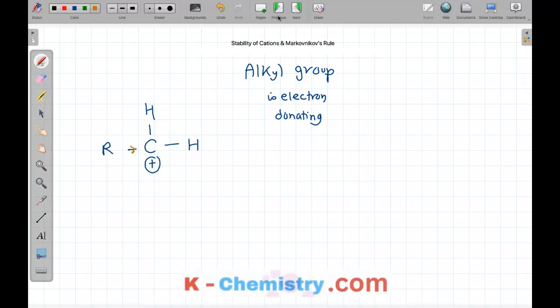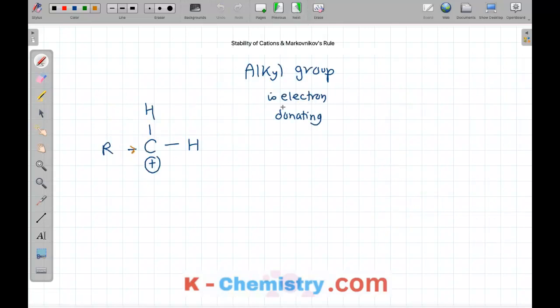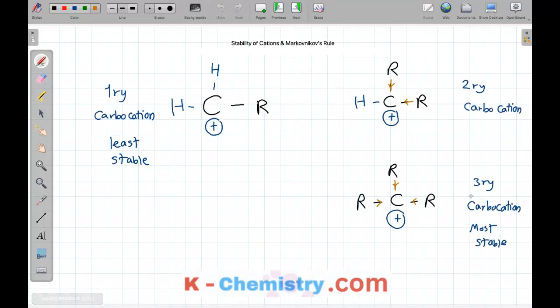And now if we have two, you can imagine that the stability will be more because two electron donating groups are there. And if it is tertiary, it will be the most stable because there are three of these alkyl groups. And we said that the alkyl groups are electron donating. That's why if there are more alkyl groups, it will be more stable, the tertiary one, then the secondary. And the least stable contains only one alkyl group, so the stability is not very high.